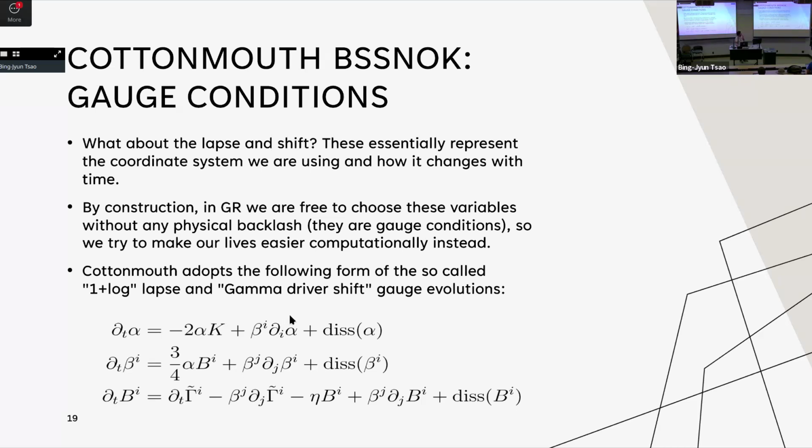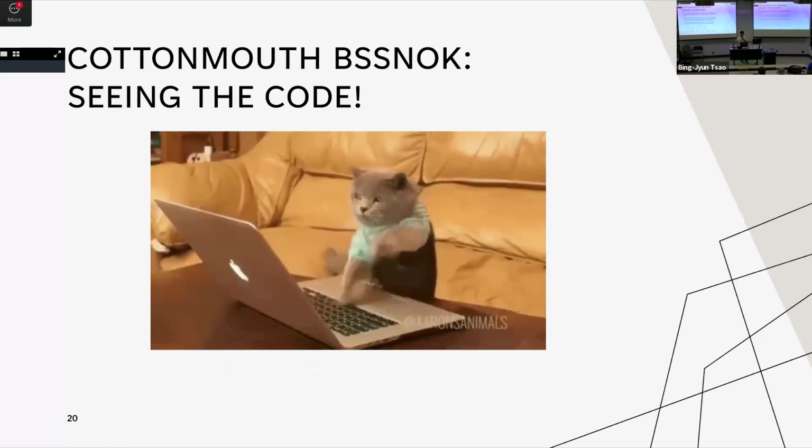Again, as with anything involving the BSSN formulation, there is a lot of variation in the forms of the 1 plus log lapse and the gamma driver shift that we use. Ours is based on the McLachlan implementation of these quantities. Here I decided to add the dissipation factor explicitly, just to remind ourselves that we always add dissipation even to the evolution of the gauge variables.